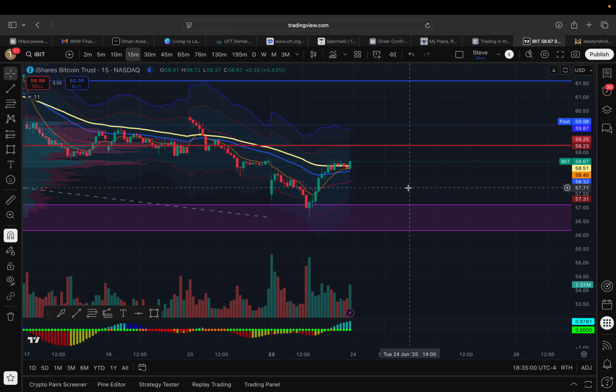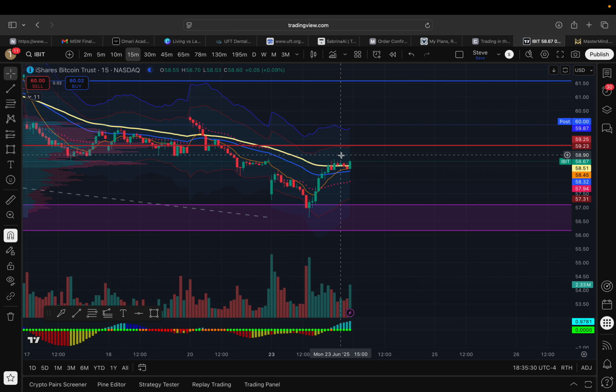What happens is the price falls into the zone, and if the zone is a nice strong one, it's going to hold this level. So this is what happened. The zone held, price bounced. Doesn't mean the zone is going to continue to hold, but I do believe that it will, considering a few things.